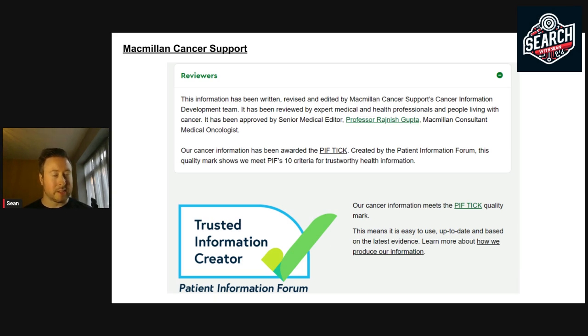We have to meet certain criteria, update the content regularly and have it medically reviewed. So we talk about this, the process and the criteria we've got to meet. And we're trying to showcase that across the site to give a sense of trust that our medical content can be trusted by users when they're reading it.